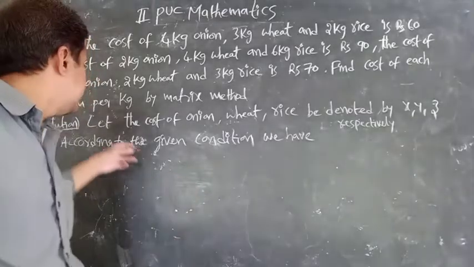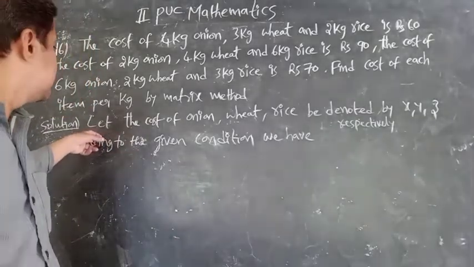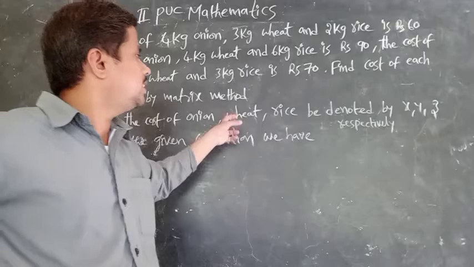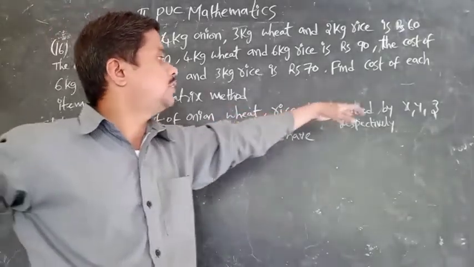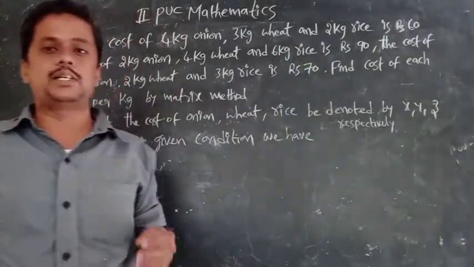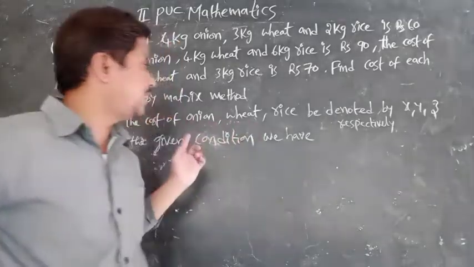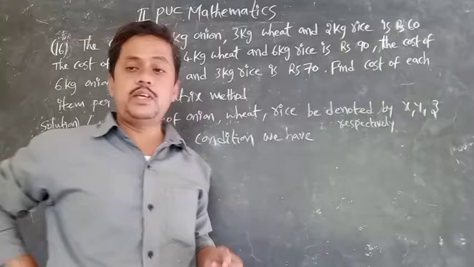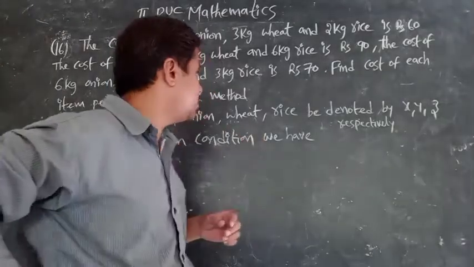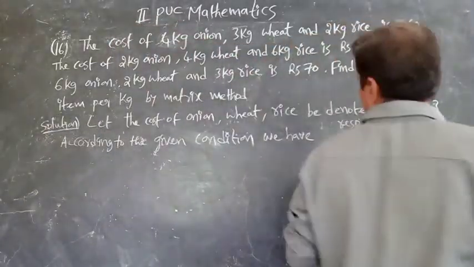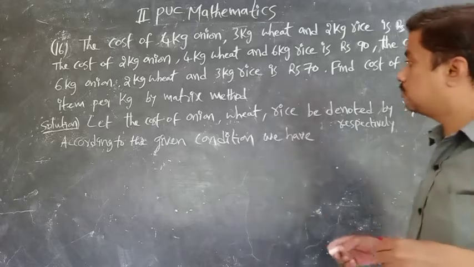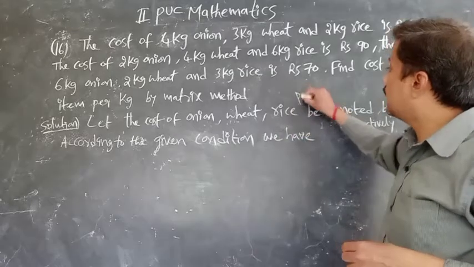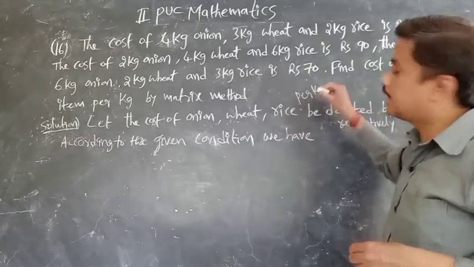For the solution, let the cost of the onion, wheat and rice be denoted by x, y, z, where x is the cost of the onion, y is the cost of the wheat, and z is the cost of the rice per kg.